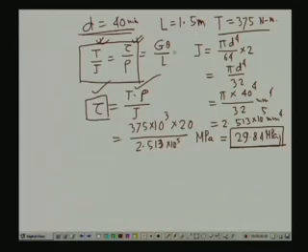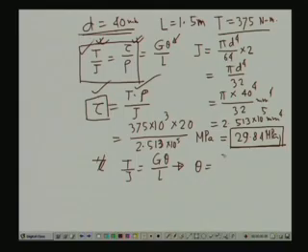Also, we need to evaluate the value of the angle of rotation theta, from tau by rho is equal to G theta by L. Since the twisting moment is given, let us take T by J is equal to G theta by L. So, theta from this expression we get as T times L by G J. Now, T is equal to 375, so theta is equal to 375 into 10 to the power 3 Newton millimeter.